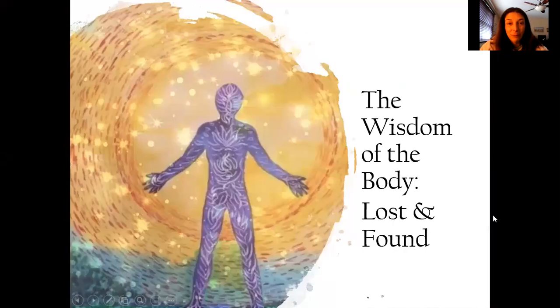All right, the first chapter we covered was called The Wisdom of the Body, Lost and Found. As we talked about, sensorimotor psychotherapy has to do a lot with our body. We're going to try to change the quality of our life and help resolve trauma and attachment issues by working with our body. Our bodies have a lot of wisdom.